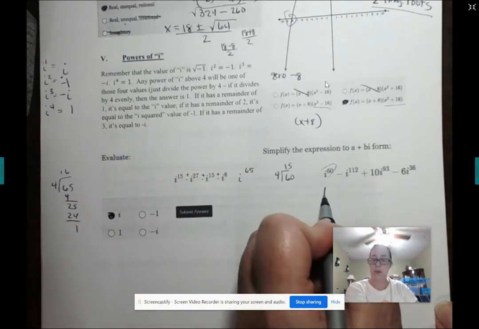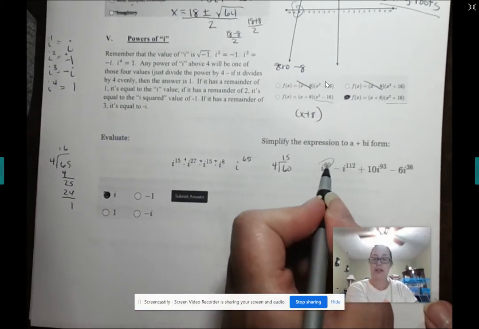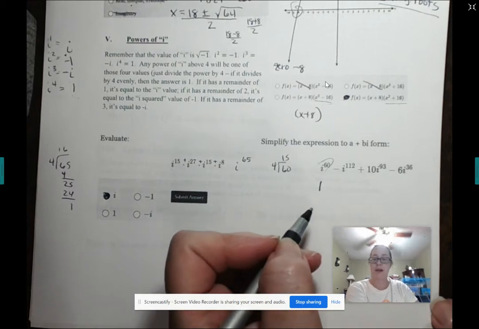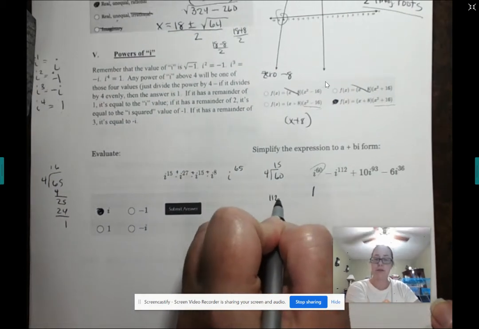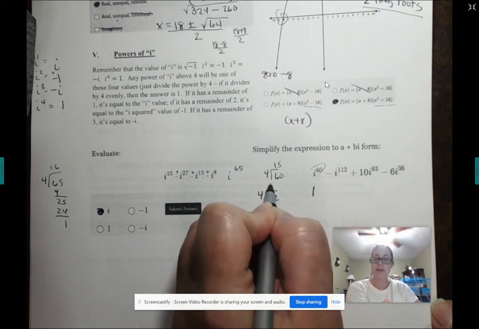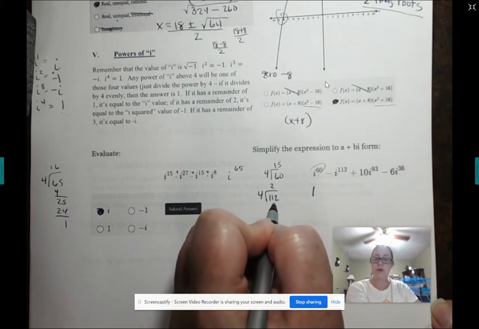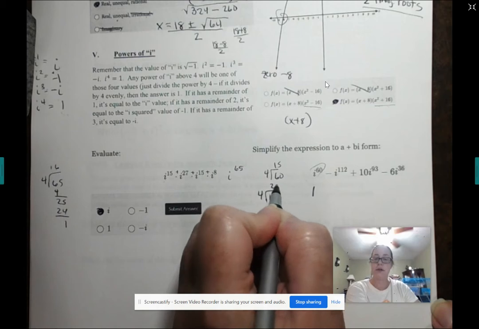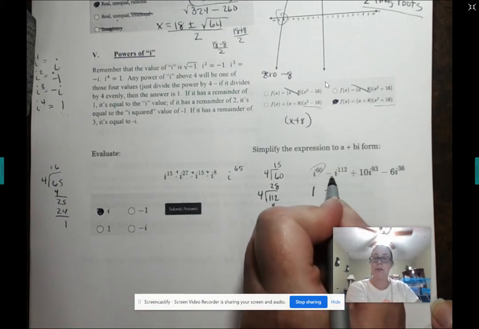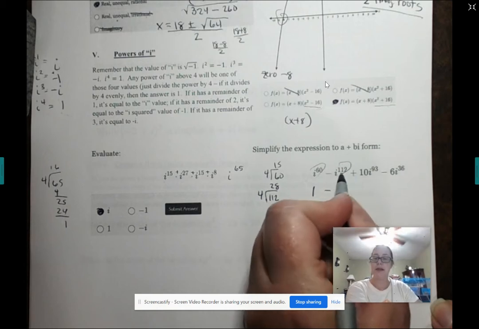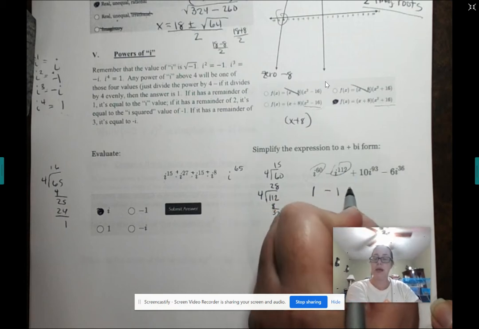This gets replaced with a 1 because the exponent is a multiple of 4. 112, does that divide by 4? I believe so. That would be a 2. That would be 32. It also divides perfectly by 4. So minus, and I'm going to replace this with a 1, plus.